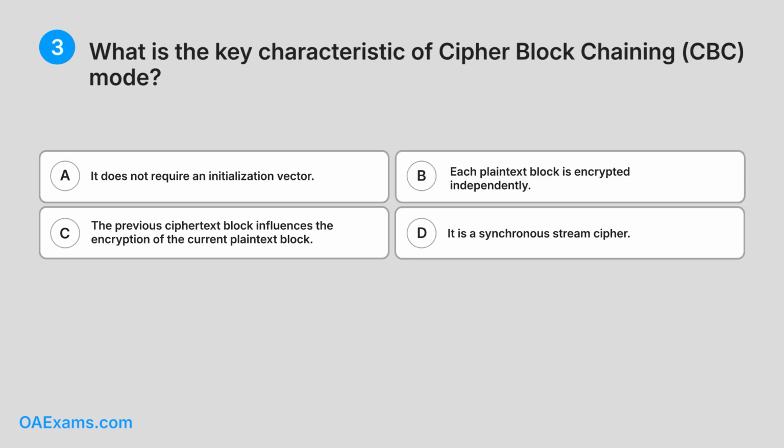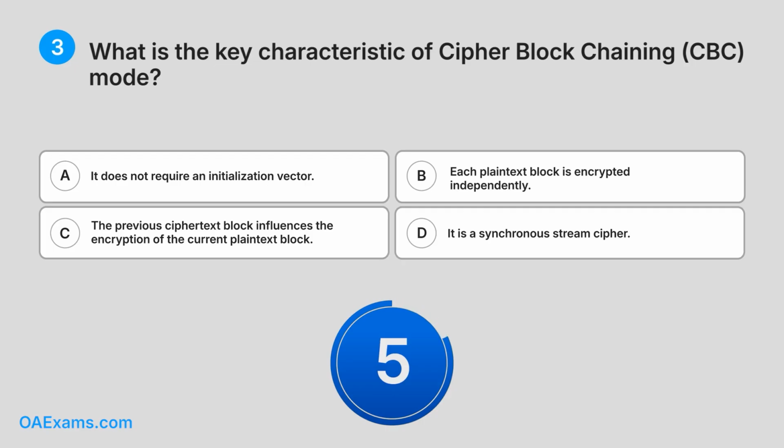3. What is the key characteristic of cipher block chaining mode? A. It does not require an initialization vector. B. Each plaintext block is encrypted independently. C. The previous ciphertext block influences the encryption of the current plaintext block. D. It is a synchronous stream cipher.